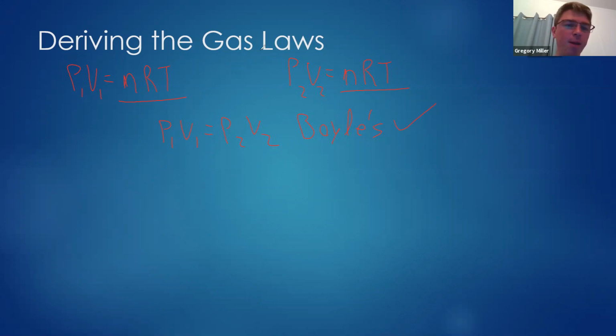We could do the same thing if we had different conditions changing. If we had, here we go, let's do volume and temperature changing, but pressure is not. So only volume and temperature are changing.